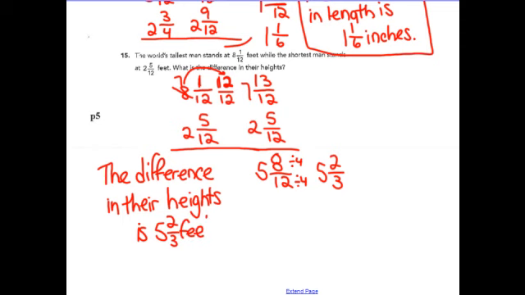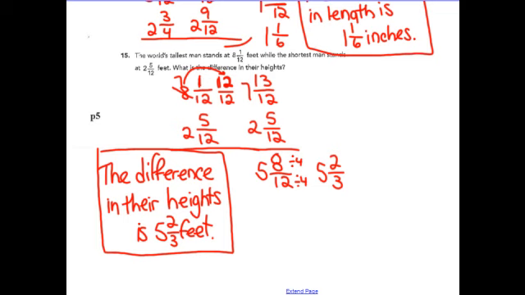Well, 2/3 of a foot is 8 inches. So the difference in their heights is 5 foot 8 inches. Oh, that's just a little bit shorter than me. 5 8/12, which is 5 foot 8, 5 2/3 feet.